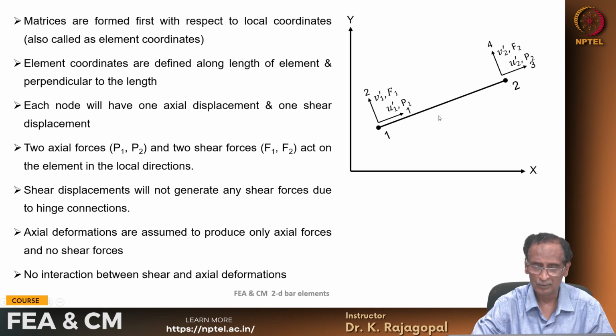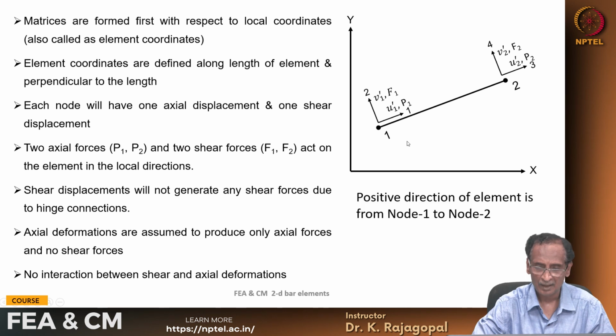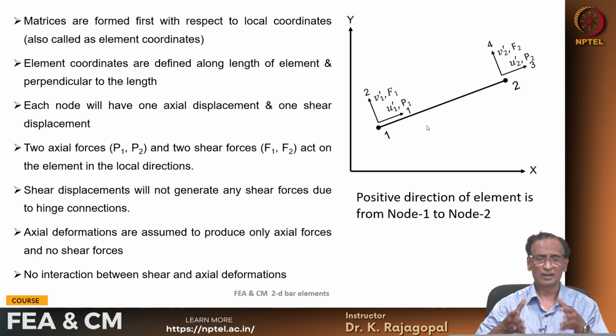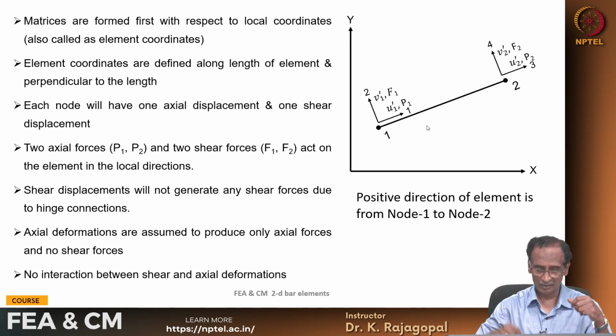P1, F1, P2, F2 are the axial and shear forces, and the positive direction of this element is defined from node 1 to node 2. That is, any vector drawn from 1 to 2 is called a positive vector, and that is the positive direction of the element. Because we have to have some consistency in how we define each element, so that we can combine all the contributions together.